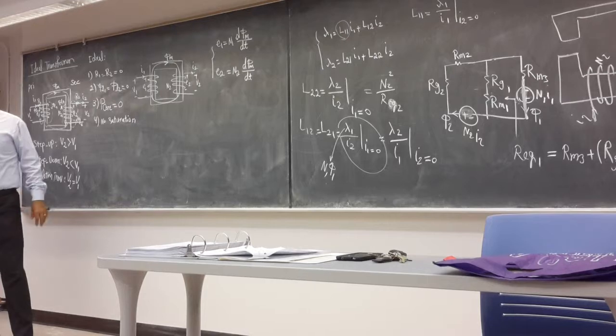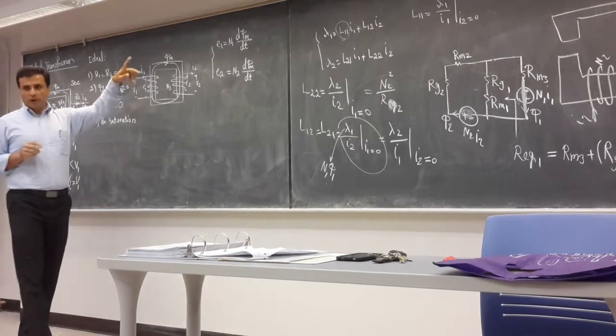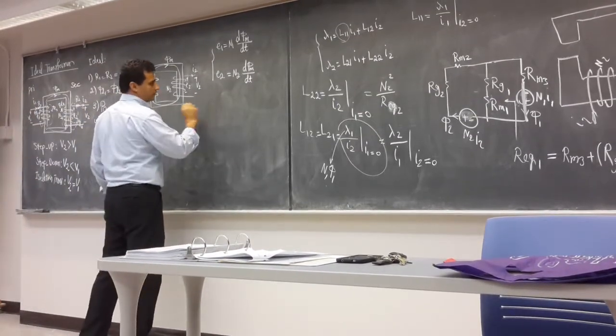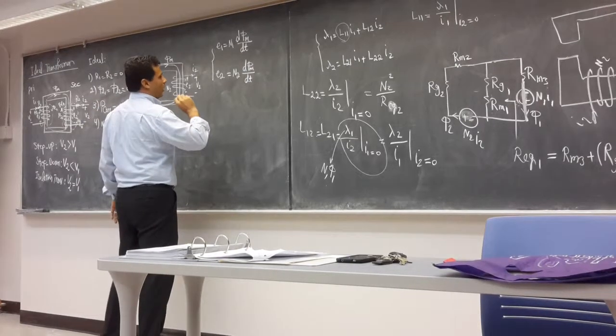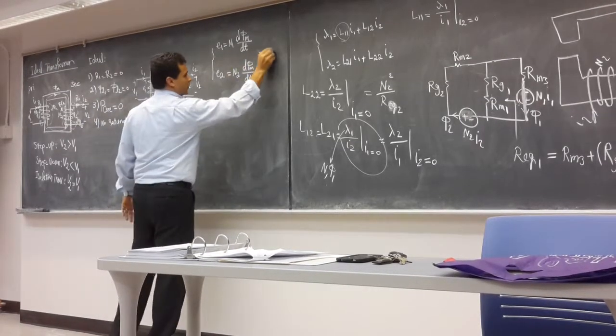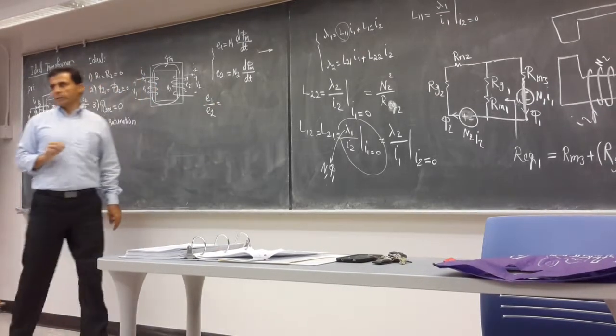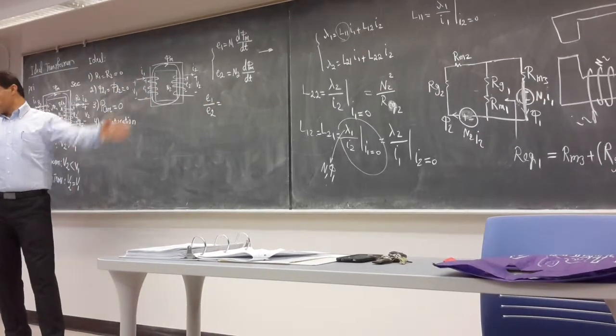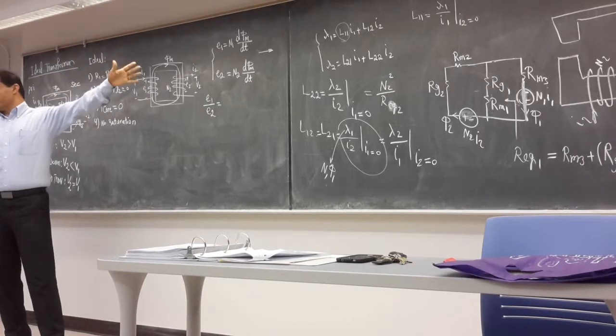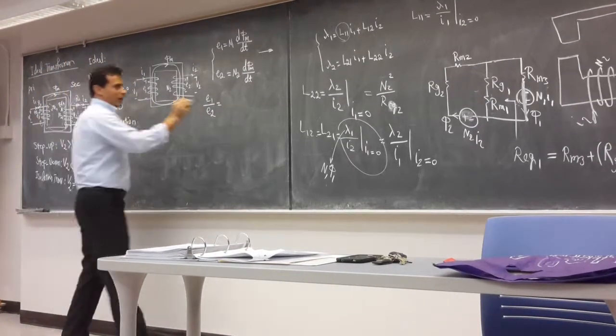Now, if I divide these two by each other, E1 over E2, the dΦm over dt is going to cancel, right? So it's going to be N1 over N2.